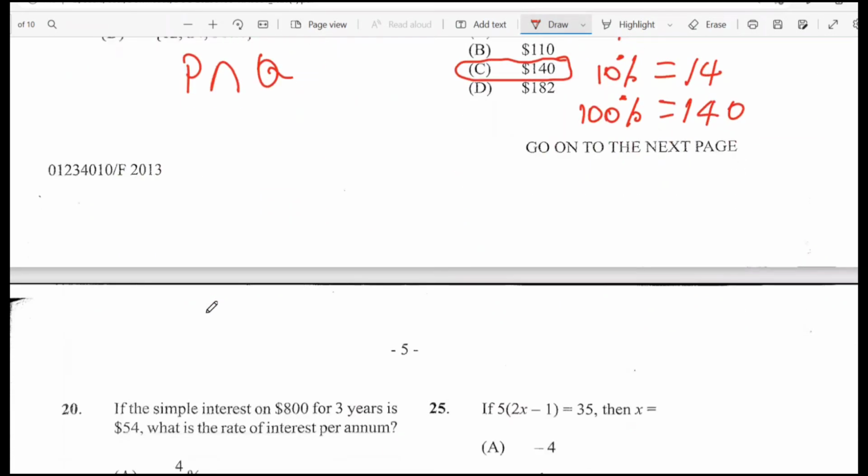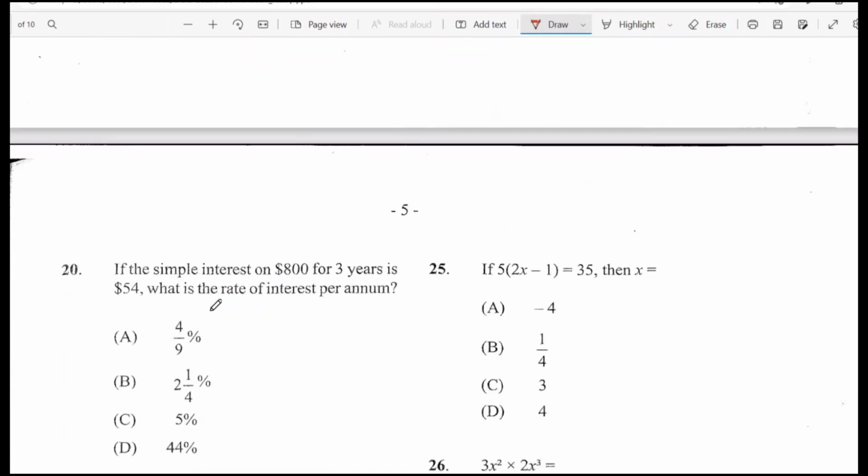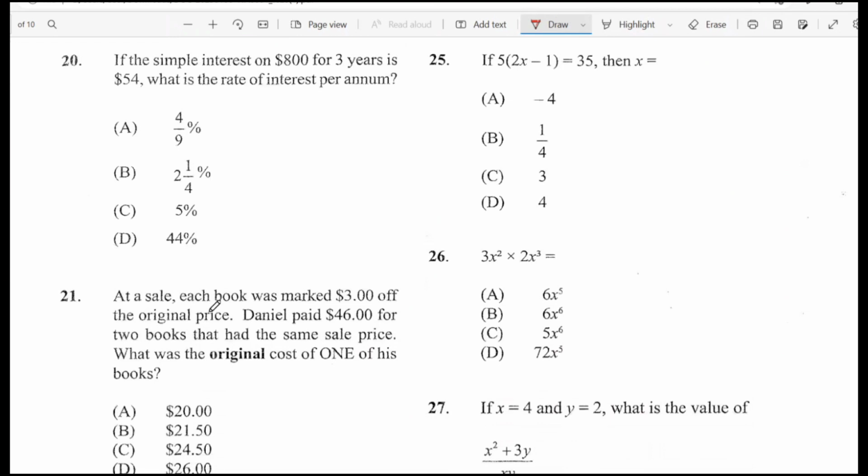All righty, let's jump on to question 20. Question 20 is a simple interest question, and it reads, if the simple interest on $800 for 3 years is $54, what is the rate of interest per annum?